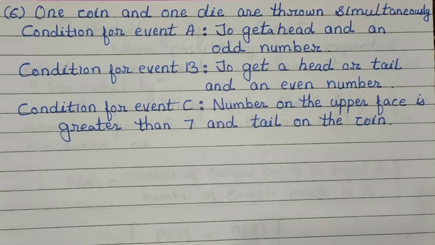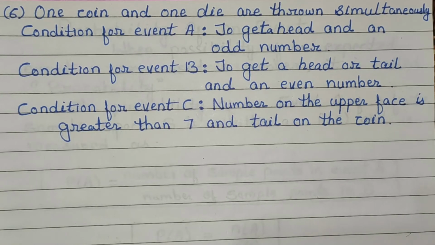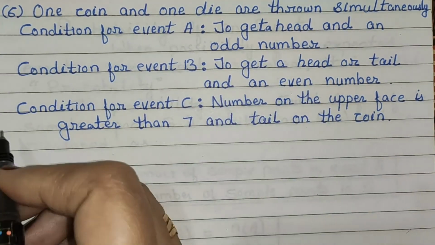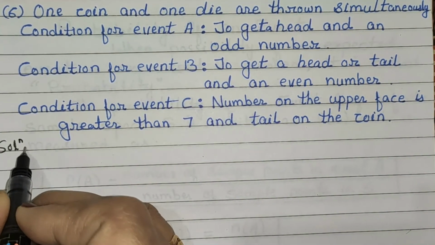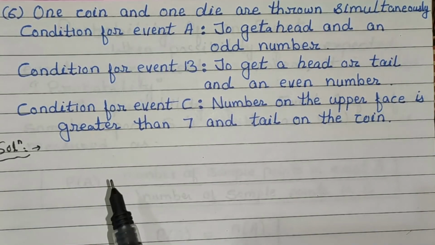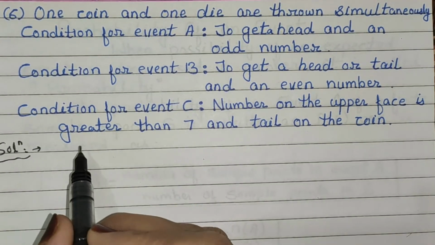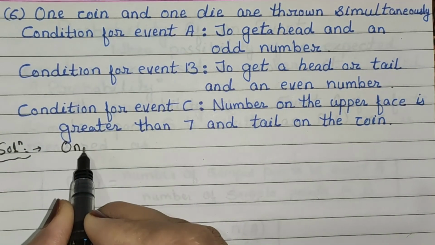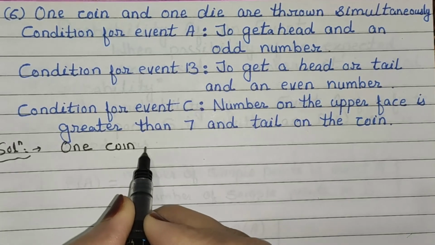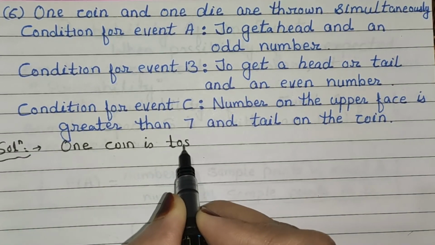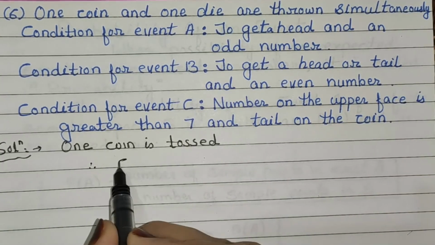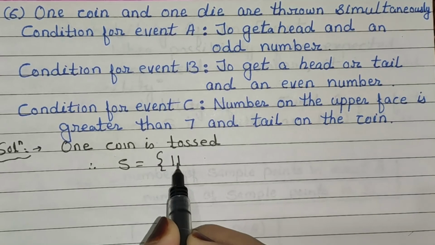Now, next question is one coin and one die are thrown simultaneously, and conditions for event A, B and C are given here. Now, write down the solution. Now we know that when one coin is tossed, sample space S is equal to head or tail.